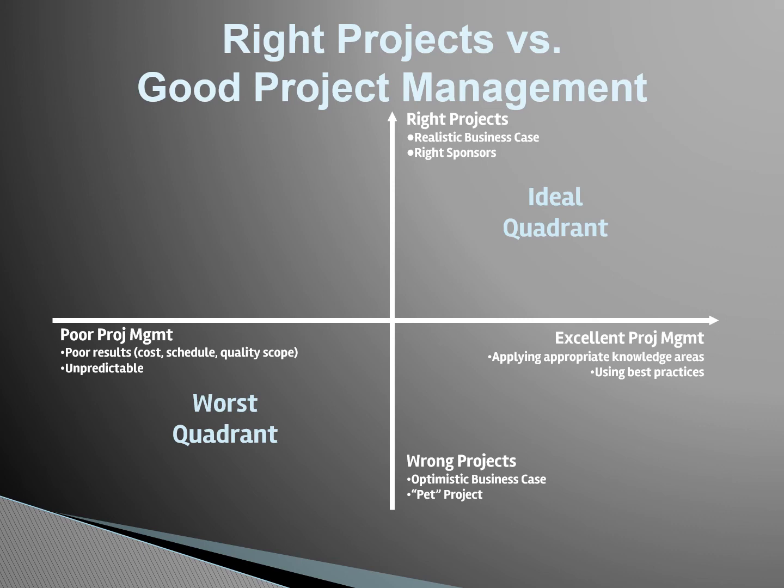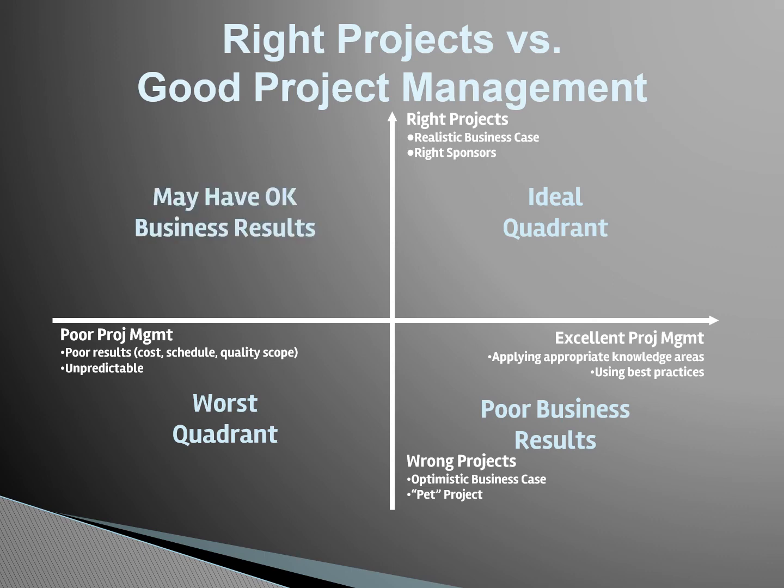These are where we have wrong projects and we manage them poorly. The lower right are wrong projects, but we manage them with excellence. But these projects cannot produce good business results anyway.